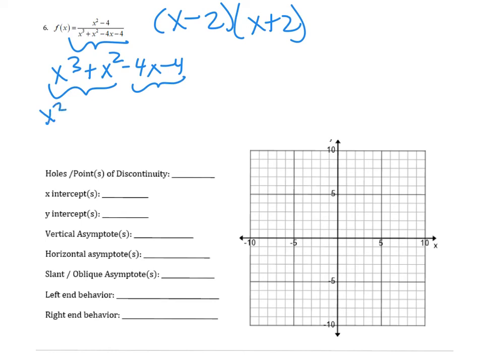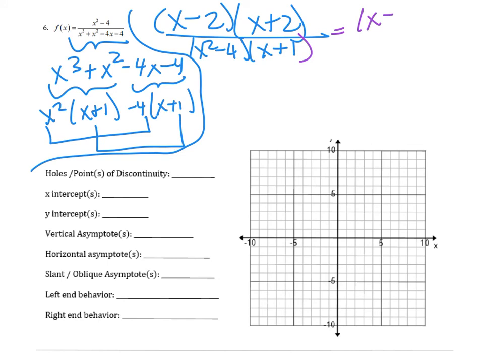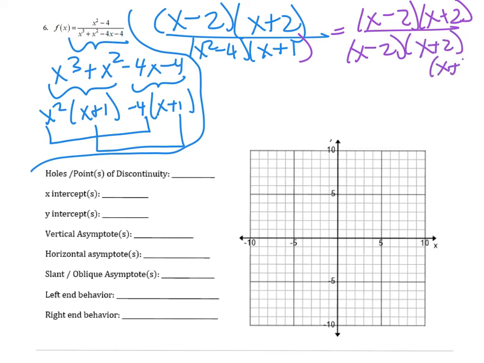Take out x squared, x plus 1. Take out a -4, I get x plus 1. Here is one term. Here is another term. So I have x squared minus 4 times x plus 1. But that x squared minus 4, again, factors to x minus 2, x plus 2, x plus 1.